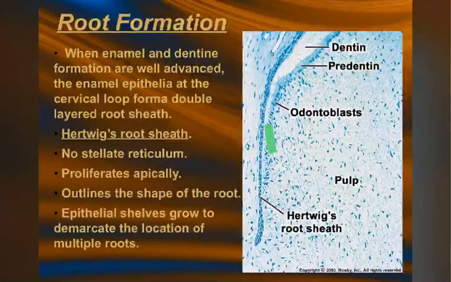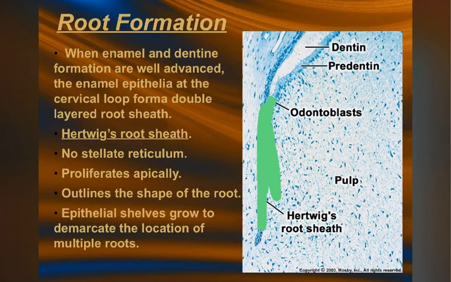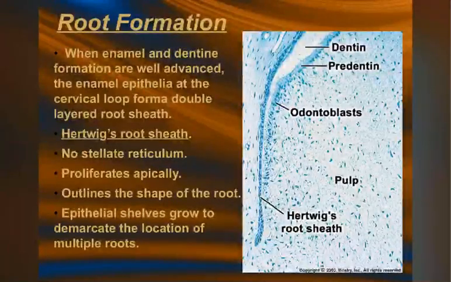And now imagine hard tissue overlaid by soft tissue. What will happen to the soft tissue? The soft tissue will be torn, and that's what happens to the Hertwig's epithelial root sheath. It becomes fenestrated.